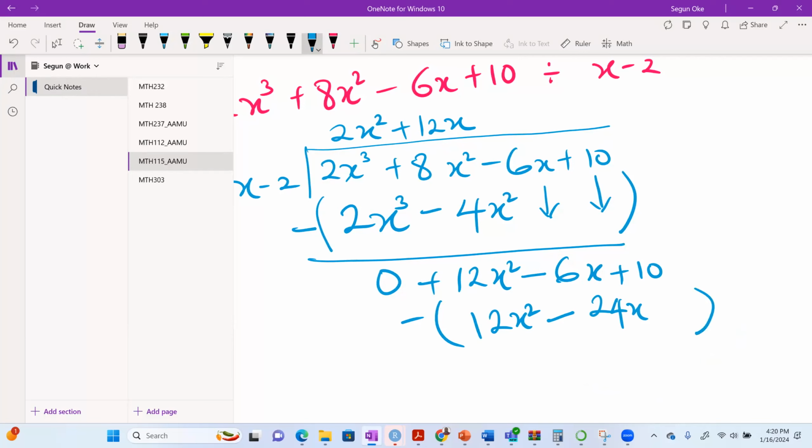So I can add these two together and see what do I get. This will give me 0. Minus times minus. Negative times negative will give me positive. That is 24x minus 6x will give me plus 18x. Don't forget, I still have 10 down. I can say plus 10.